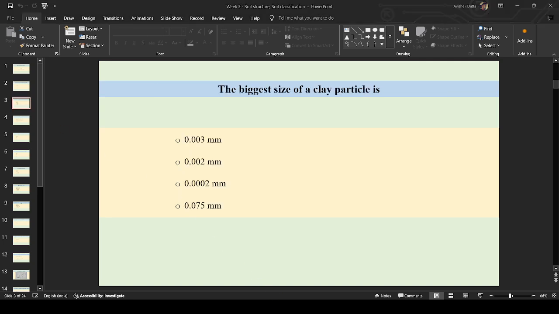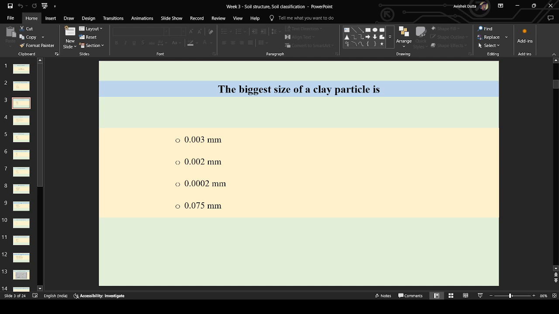The second question is, the biggest size of a clay particle is. Your options are 0.003 millimeter, 0.002 millimeter, 0.0002 millimeter, or 0.075 millimeter.